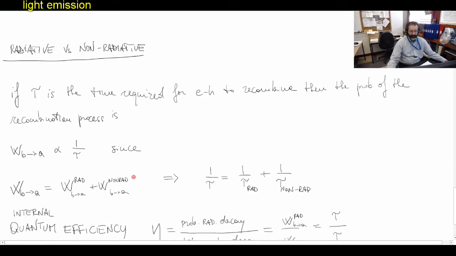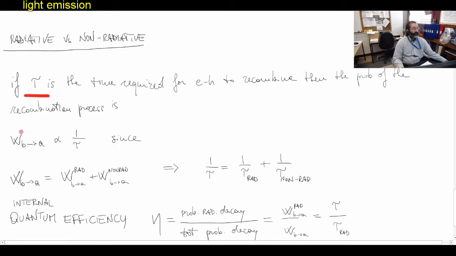So if we call tau the time required for electron and hole pairs in general to recombine, regardless of the process, we can easily understand, as we did when we were talking about mobility, when we introduced drift and diffusion, that the probability of a transition from B to A is proportional to 1 over tau, if tau is the time required on average for electron hole pairs to recombine.